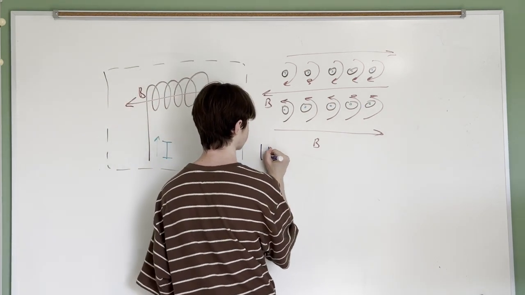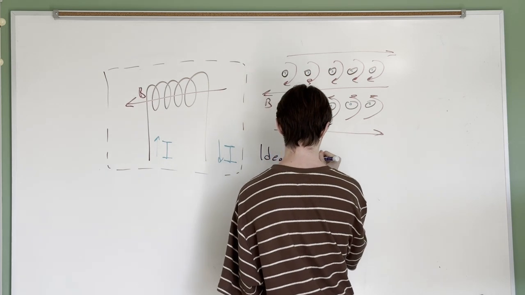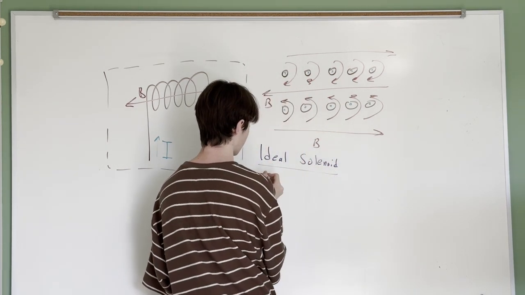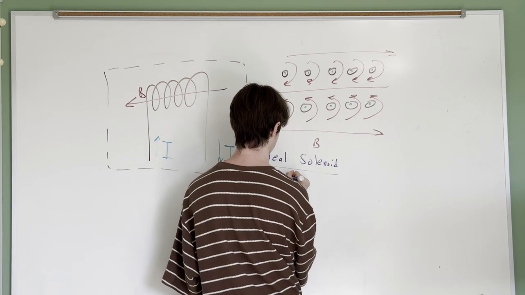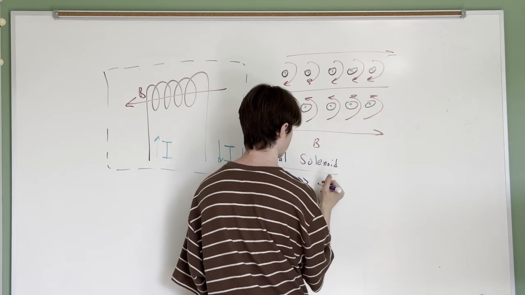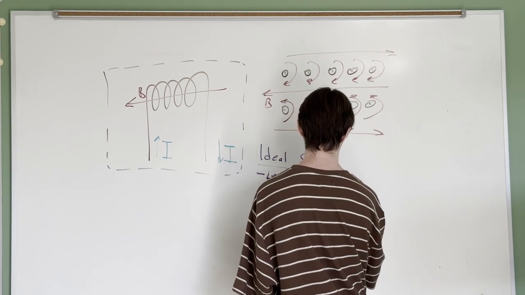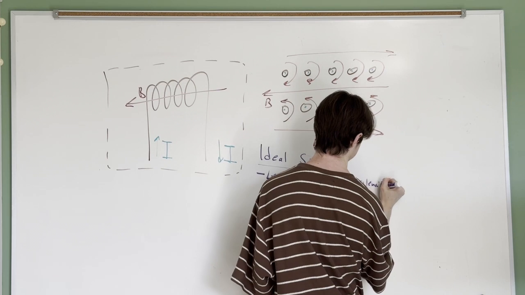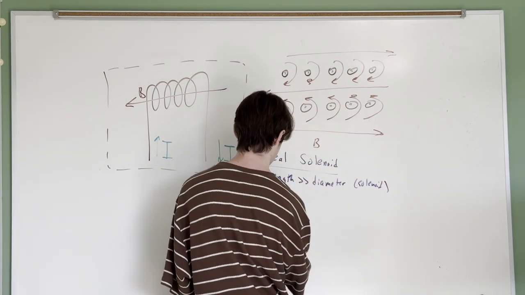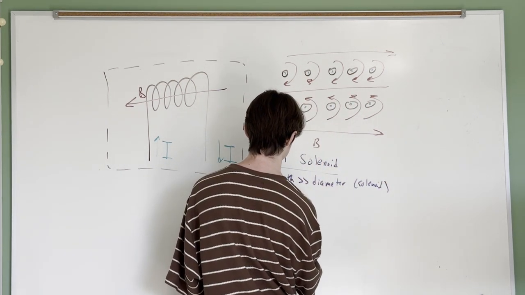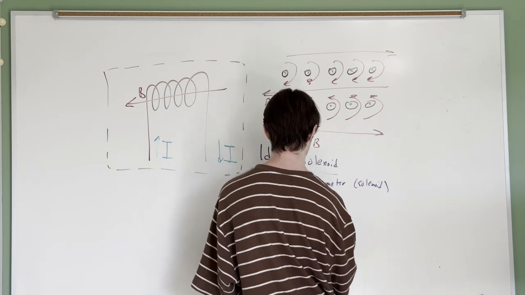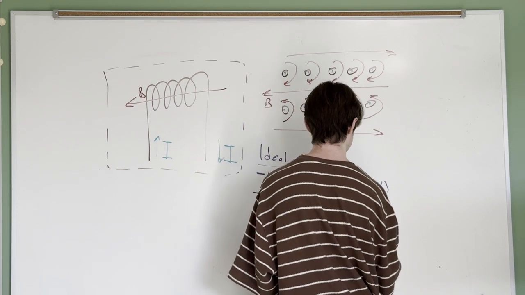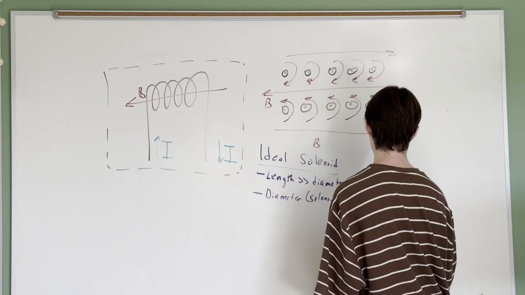So, ideal solenoid: its length is much bigger than the diameter of the solenoid, and the diameter of the solenoid is much bigger than the diameter of the wire.